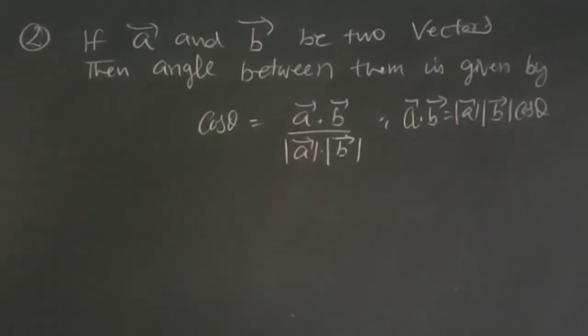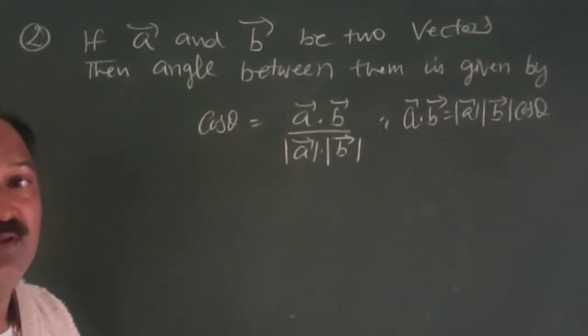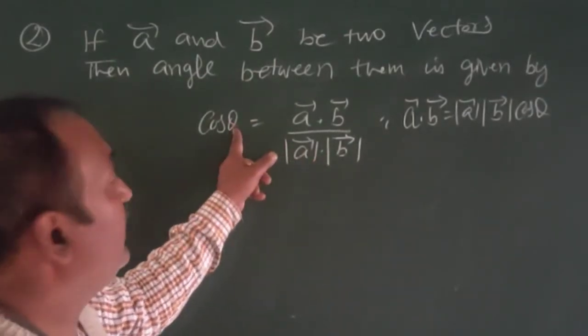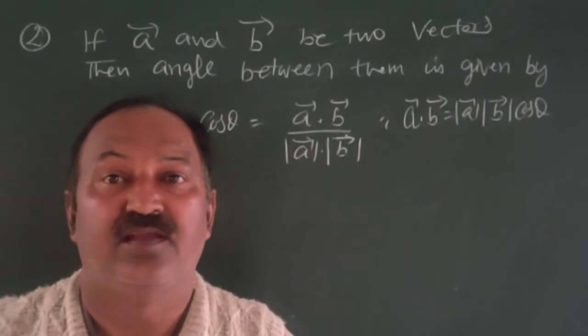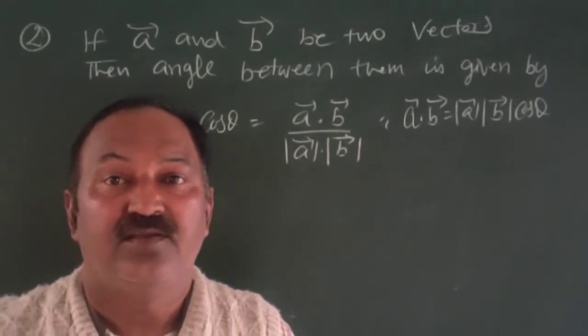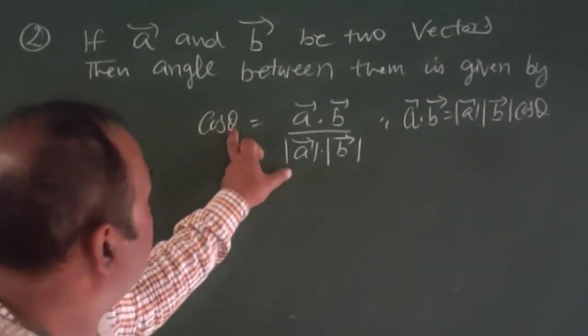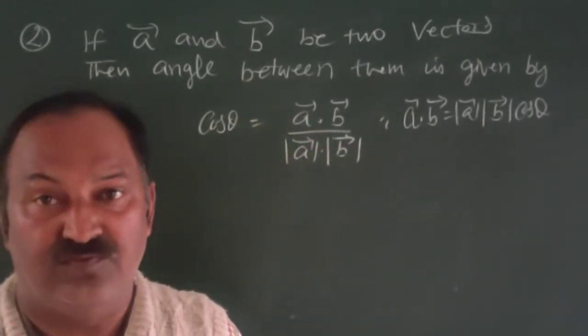Now, one property becomes: if theta is 90 degrees, the angle between two vectors is 90 degrees, then cos 90 will be equal to 0.